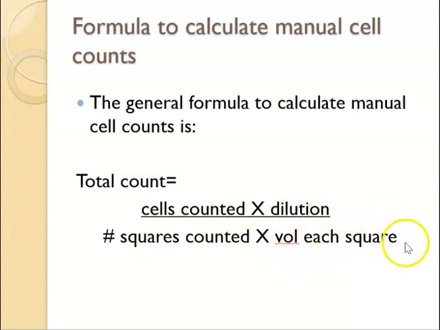This is why we need to know the volume, whether it's a large square for the white blood cells or a small square for the red blood cells. This is where those numbers are going to go in. You want to make sure that you know this formula because it's what you need to come up with your total cell count.